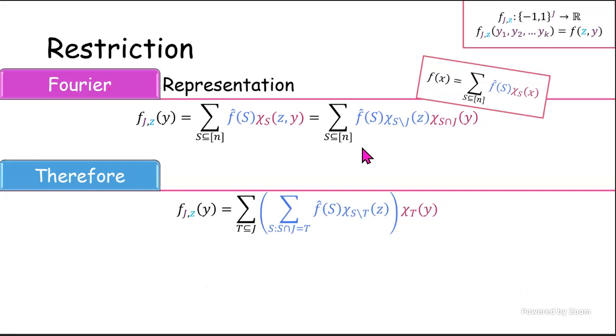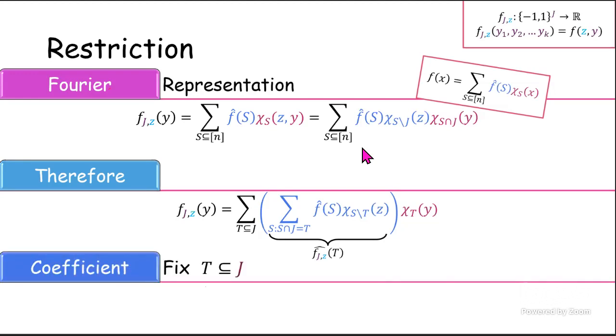For every potential character, a subset of the alive variables, we take together all the characters that have exactly those variables alive. And this is exactly the Fourier coefficient of the subset T. And as a function of z, we have exactly the Fourier representation of this Fourier coefficient.